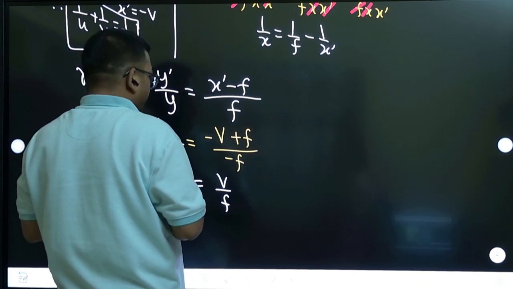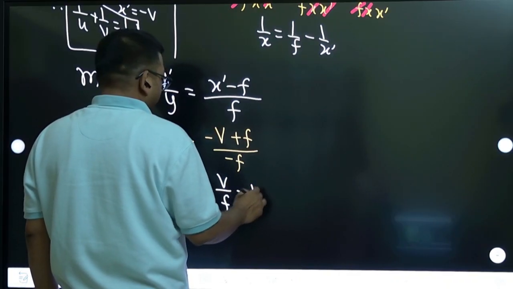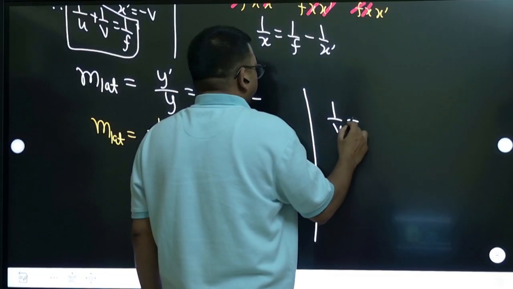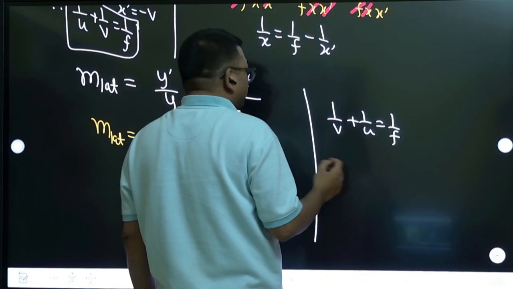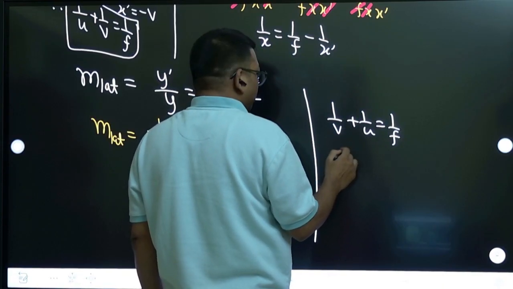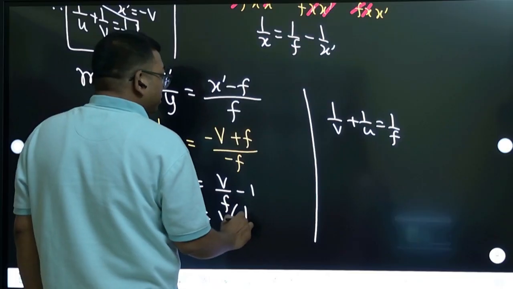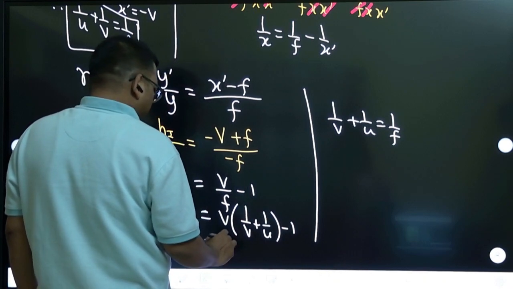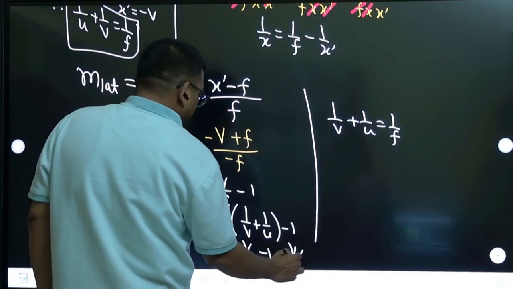I want magnification in terms of v by u, so I want to eliminate f. 1 by f will be 1 by v plus 1 by u. So v by f is 1 plus v by u, minus 1, the 1s cancel, and it is coming v by u.